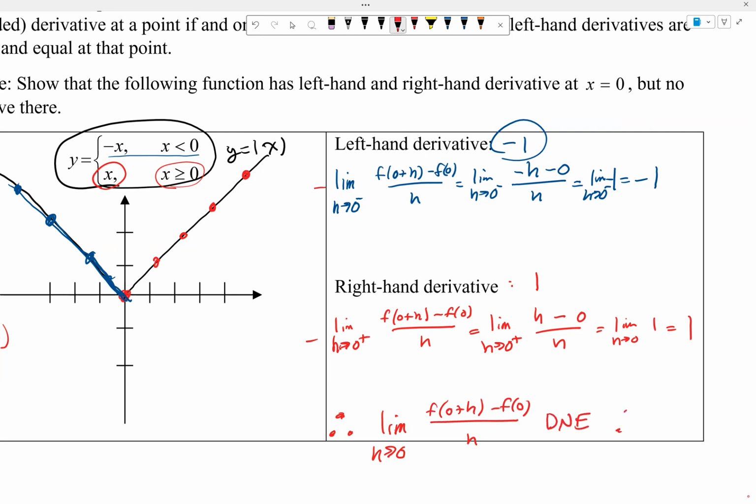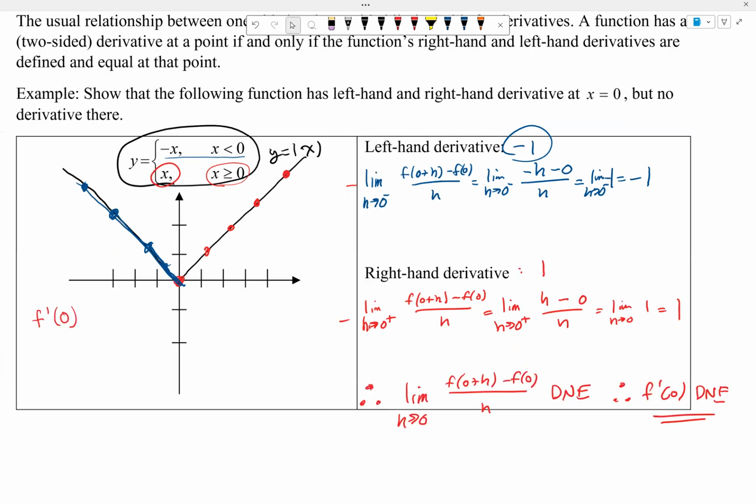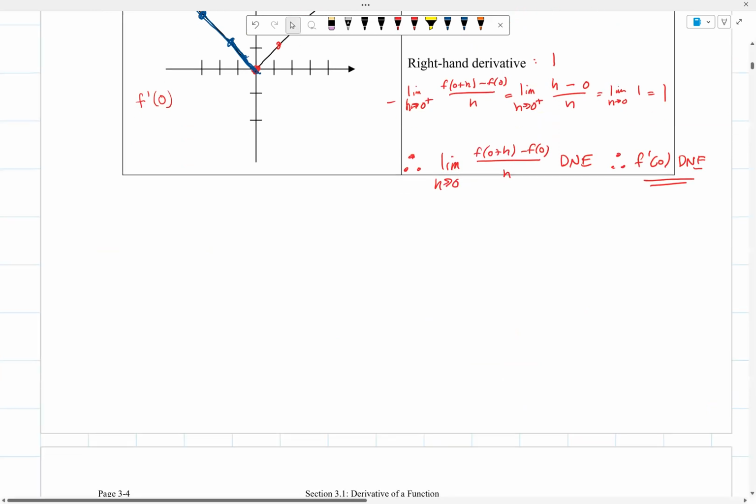Therefore, f prime at 0 does not exist. If the limit doesn't exist, then the derivative, whose definition is based on that limit, also does not exist. Let's look at one more example of that type on the next page.